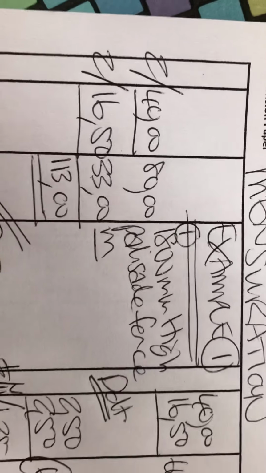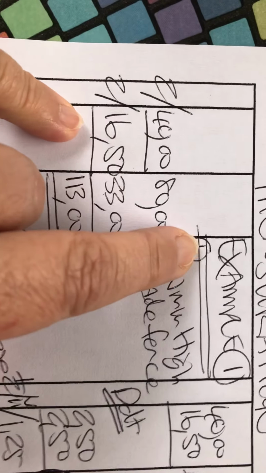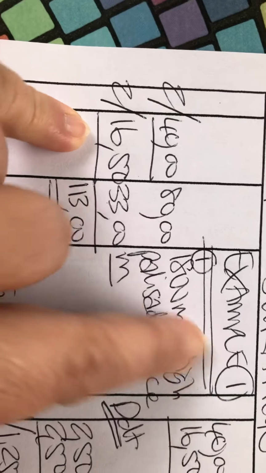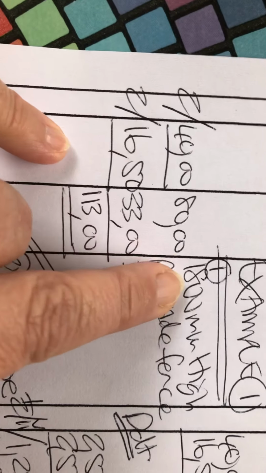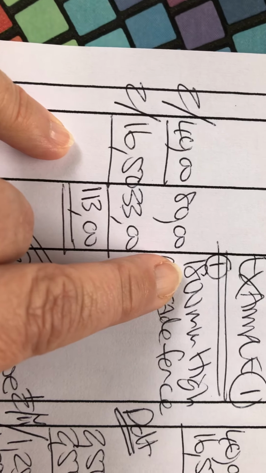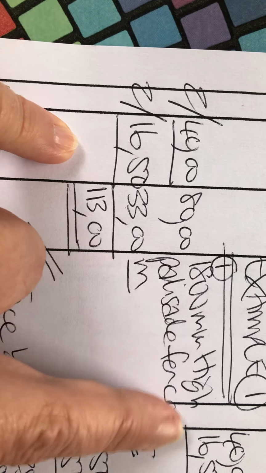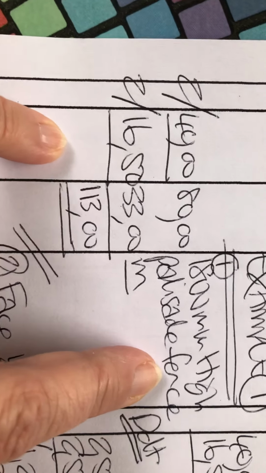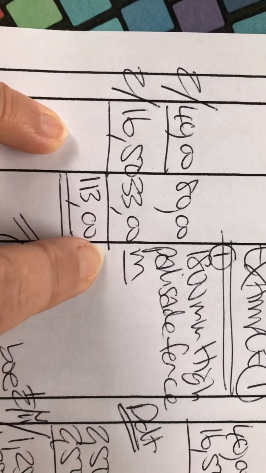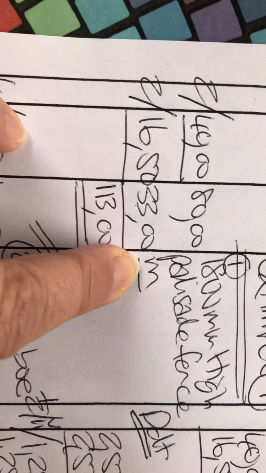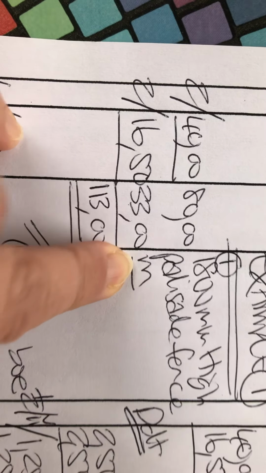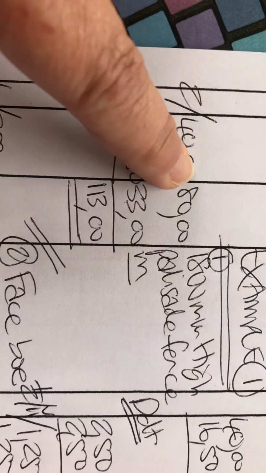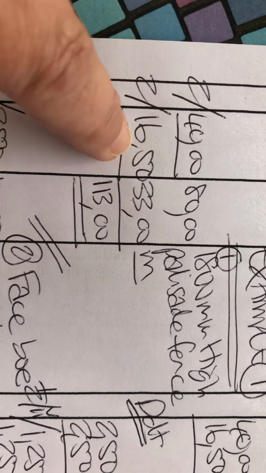So I will write my word picture for question 1 of example 1 in my description column: 1,800 millimeter high palisade fence. Because we're working with length, we know that we're going to work with meter, and meter means we only have one dimension and the equal sign.